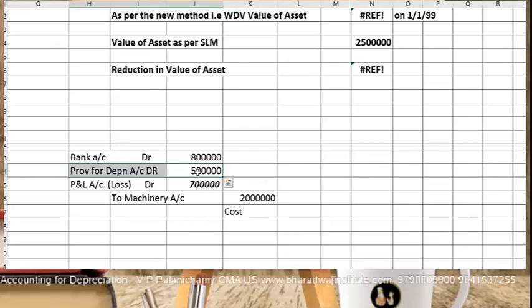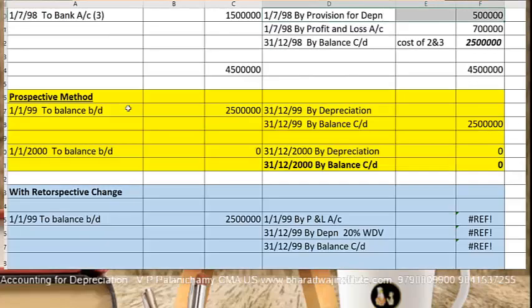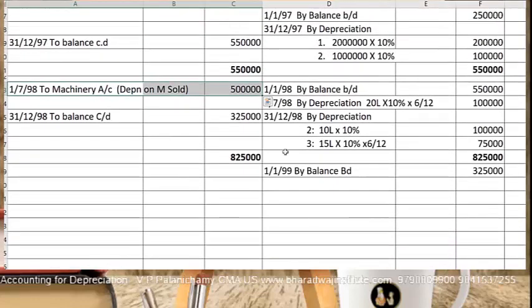Okay, so when you post this in the ledger, it will come as by bank account, by provision for depreciation account, the loss is transferred to P&L account. This provision for depreciation 5 lakhs will be debited to that particular account, to machinery account, depreciation on the machine sold.